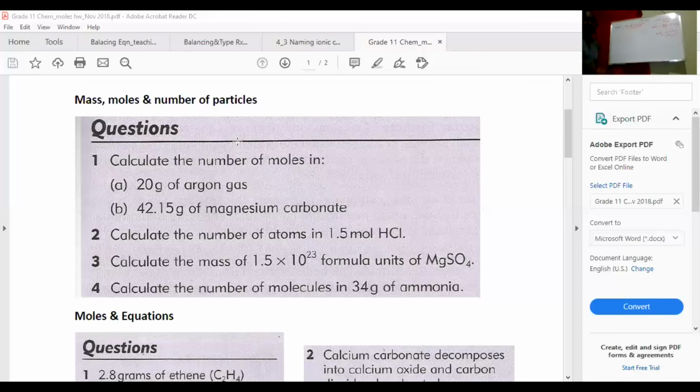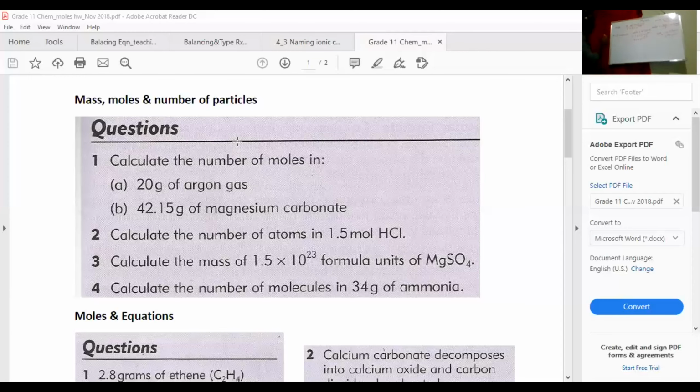Right? So we have the mole, but we need the amount of molecules, so we use this. The number of molecules would be equal to mole times Avogadro's number, 6.02 times 10 to the 23, which is 2 times 6.02 times 10 to the 23, which is 1.204 times 10 to the 24.